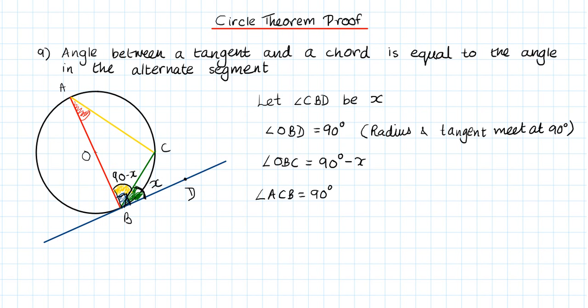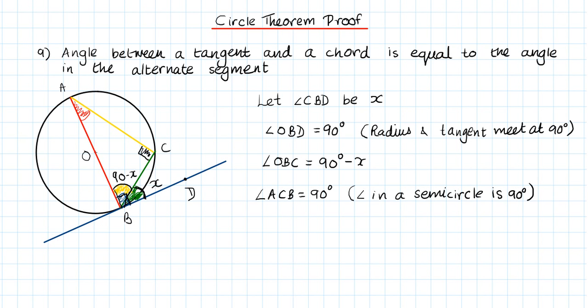So angle ACB is an angle in a semicircle, and from the previous circle theorems we know that an angle in a semicircle is 90 degrees. So this angle here is 90 degrees.